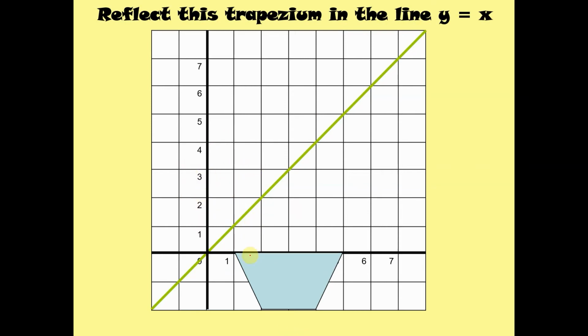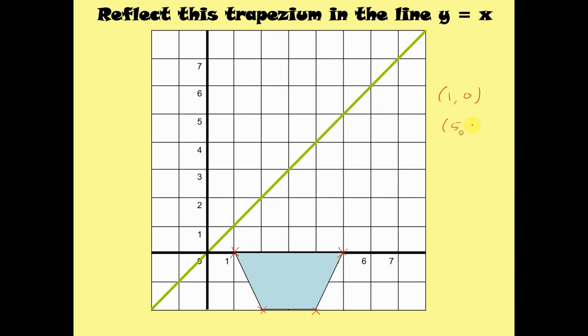But to do it accurately, we have a small trick. What we have to do is write all these coordinates of the vertices. For example, the first point, which is here, has 1 on the x and 0 on the y, so 1, 0. This point over here is 5, 0.